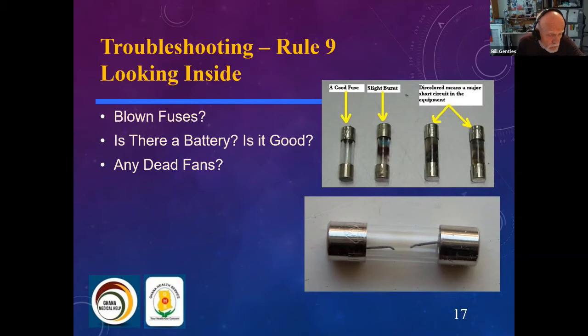How old is the battery? Perhaps it's just a small coin cell that's used to store memory values that may have died if the device is very old. Are there any dead fans that you can see that are supposed to be spinning and they're not? That could cause overheating of other components.